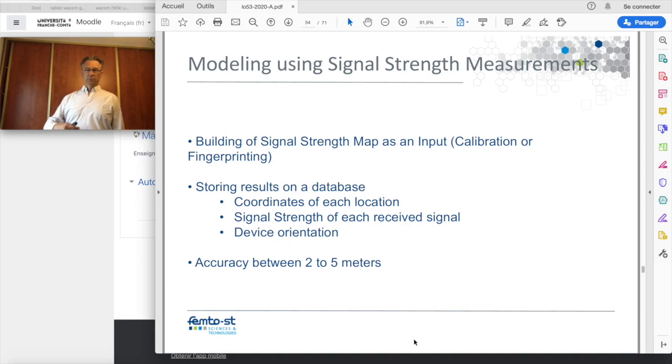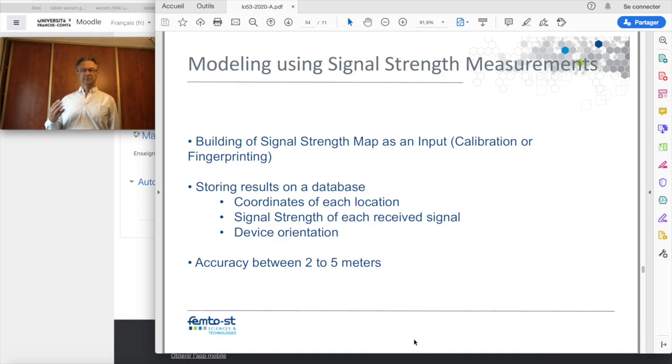So if you want to use a signal strength map using signal strength measurements, you need first to have a calibration of the building, fingerprinting, because if you don't have this information as input, you cannot connect a location with a signal strength, because the signal strength is very, very variable, very difficult to calculate, to identify inside such type of environment, which is heterogeneous.